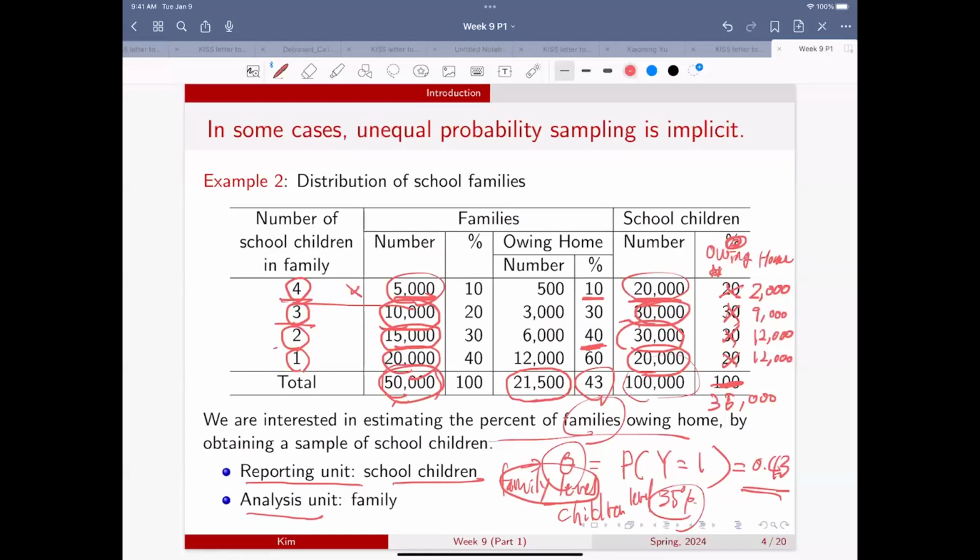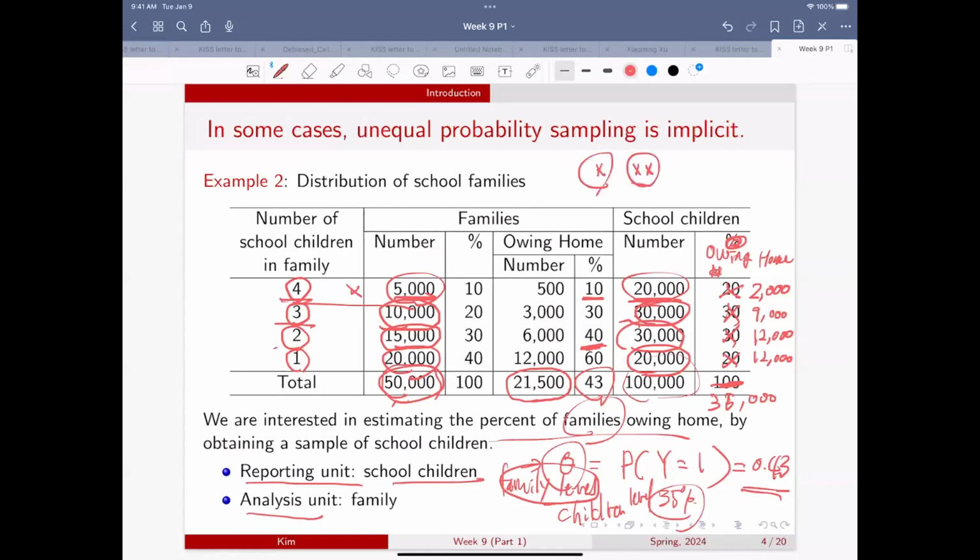Because if you select the sample among the children, then the families with a single child will be less represented. Let's make a real simple example.